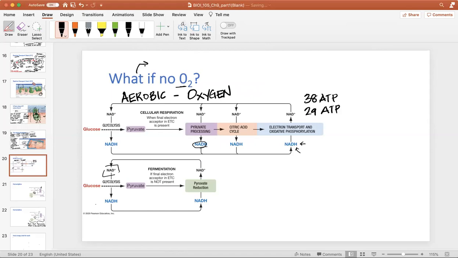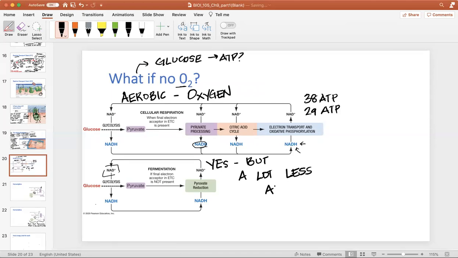If there's no oxygen, can you still take glucose and trade it in to make some ATP? Can you still do that? The answer is yes, you can, but you make a lot less ATP, okay?